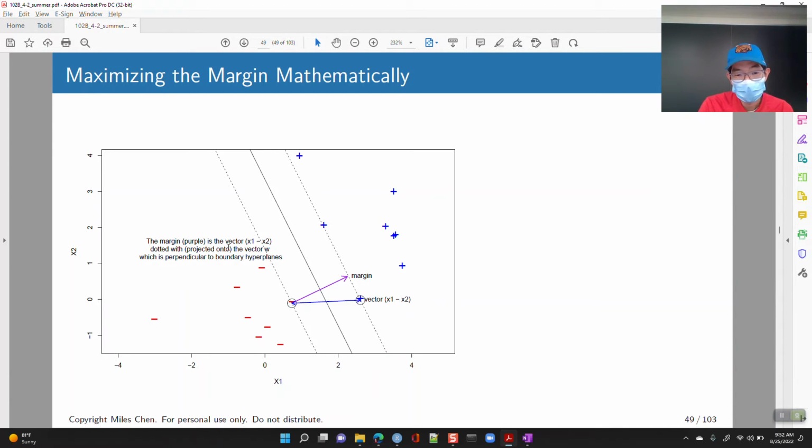So what we do, right? This purple line, the vector of this purple line, is equal to our W vector. And if we dot that with the vector x1 minus x2, we project this onto the vector for the distance between x1 and x2, right? And we say, all right, what is this going to end up being?